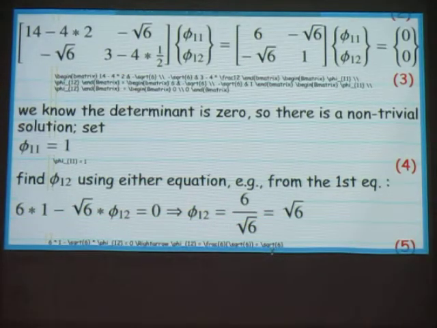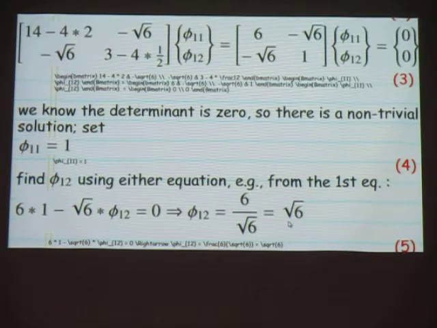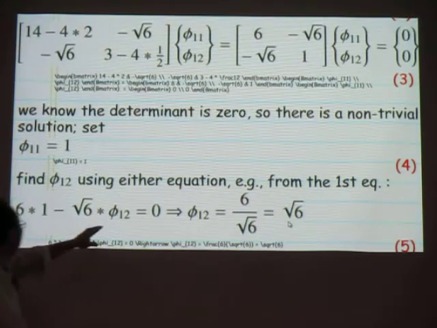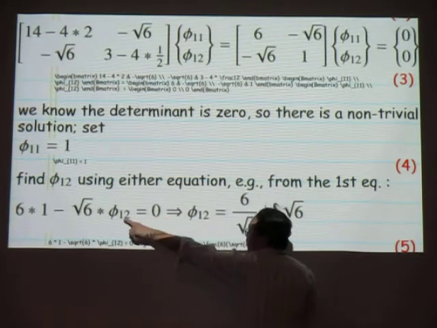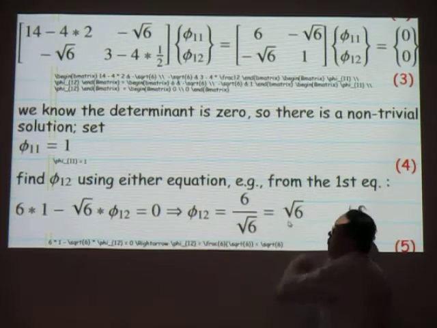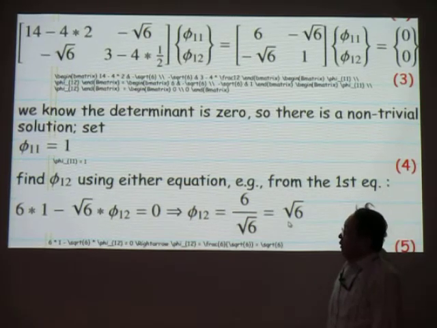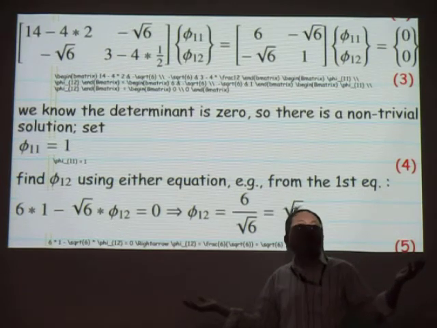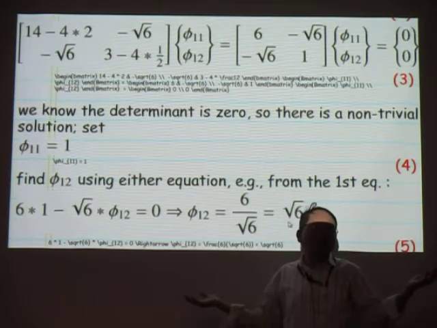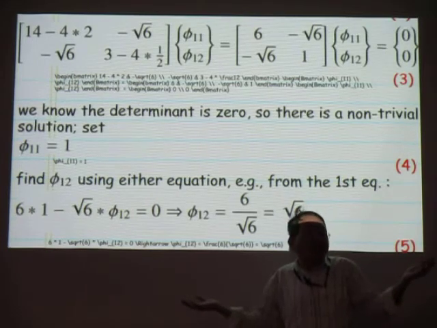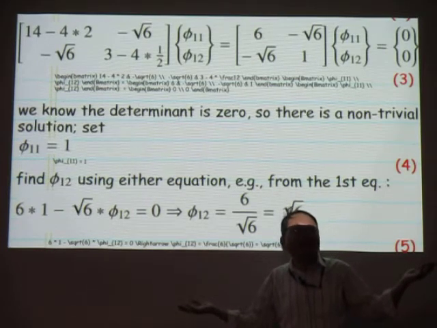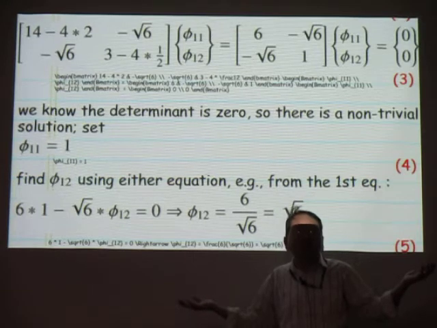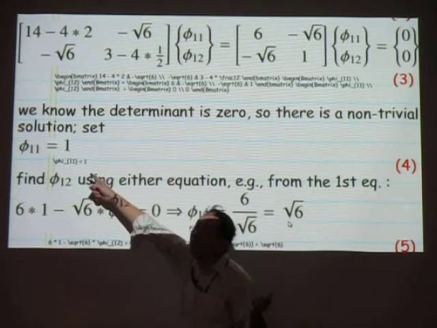And then you can solve for the second coefficient, and that's the number. I said 1 is a simple constant, but how about 0? 0 is even simpler than 1. Can you choose 0? Can you set phi11 equal to 0?